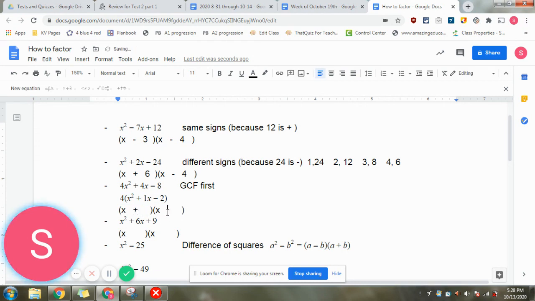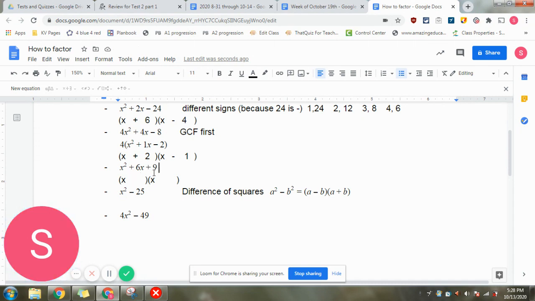They've got to be different signs because the 2 is negative. If it was a plus here, they'd be the same signs. So it's got to be a 2 and a 1 to multiply to give 2. And we know that the bigger number is positive. So the 2 has to be positive, and the smaller number, 1, has to be negative.